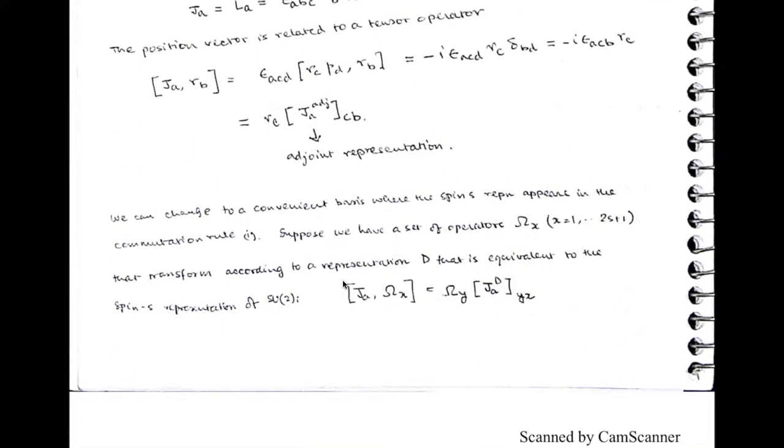So this J with omega x is going to give you some spin s representation. Okay, so that's what you are going to get. Let's see how we use this. Now by assumption, D is equivalent to a spin s representation. That is what we said.